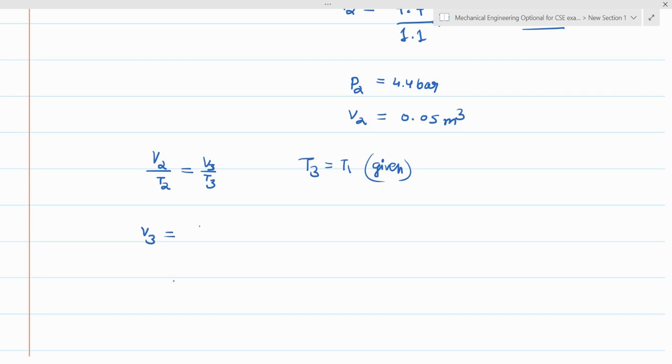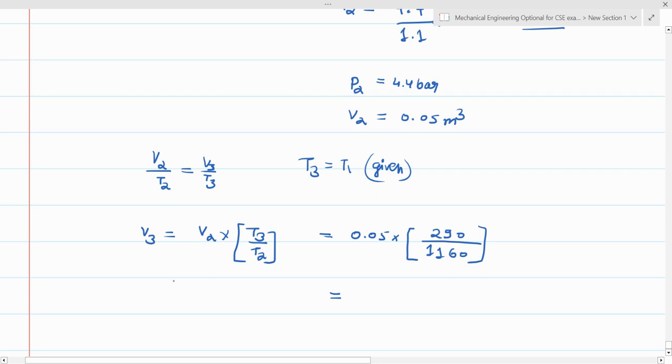V3 is given by V2 multiplied by T3 divided by T2. Putting in the values, we get 0.05 multiplied by T3, where T3 is equal to T1, that is 290 Kelvin, and T2 is 1160. So we get V3 equal to 0.0125.